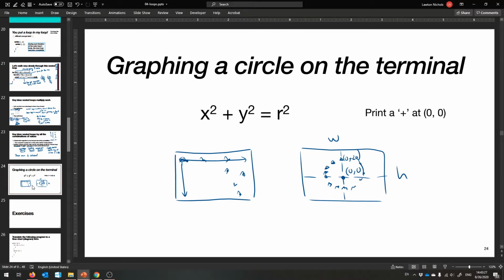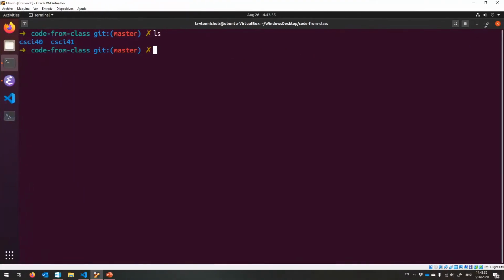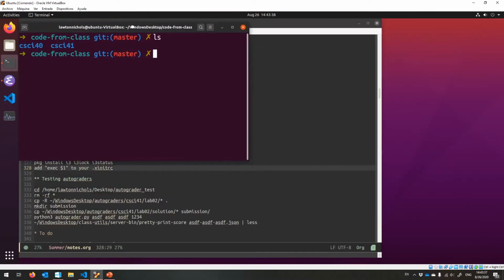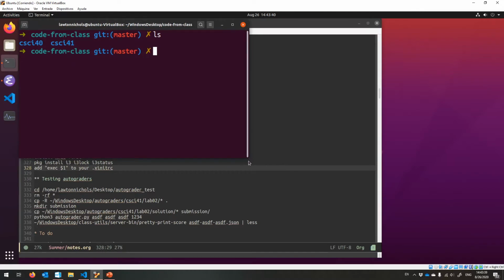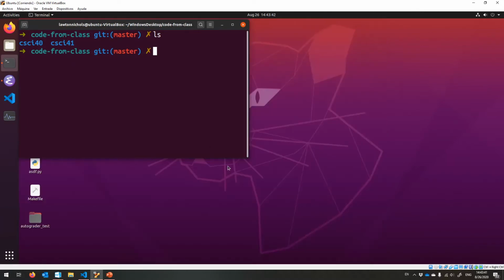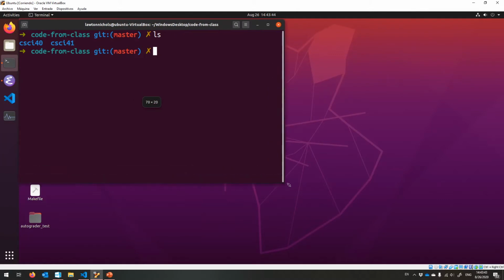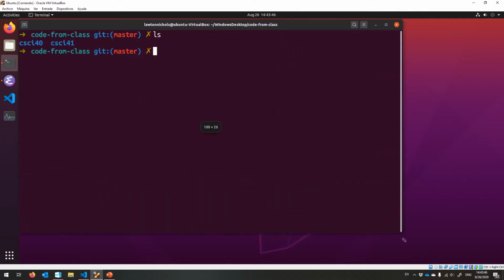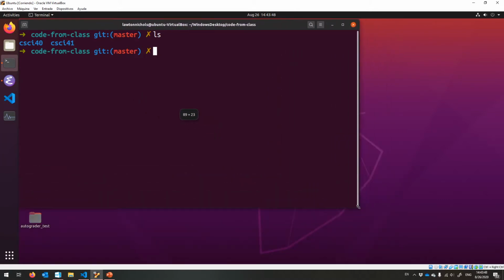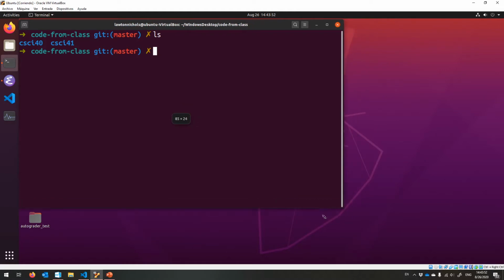And the way that we'll make this work is that, well, we know the width and height of our terminal. We can figure that out, or we can just set a sample value. So here is my terminal, and you can see when I rearrange it in the middle, it's showing how wide and how tall it is. So it's 88 characters wide by 22 tall, and so we can pick a normal one.